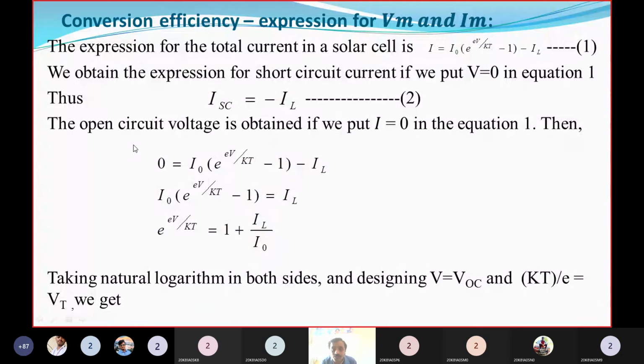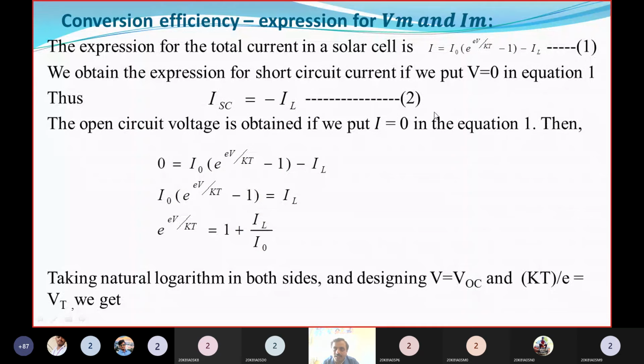Now the open circuit voltage is obtained if you put I equals 0 in equation 1. Whenever the total resultant current passing through the diode equals 0, that voltage we call the open circuit voltage.